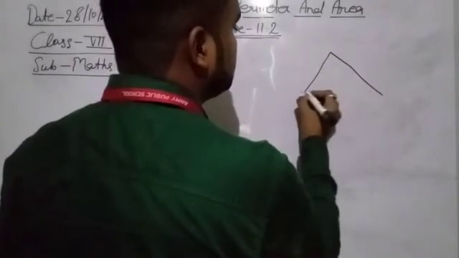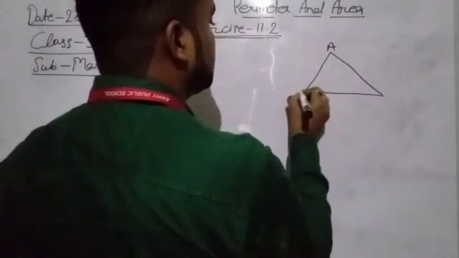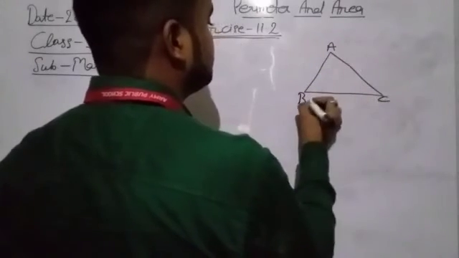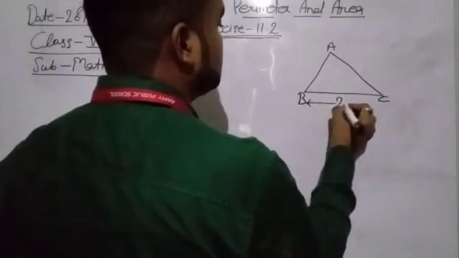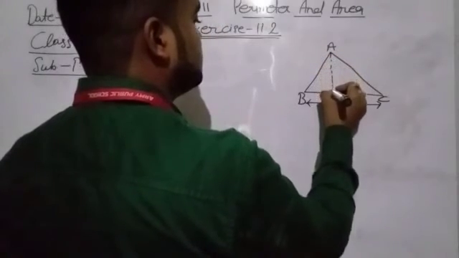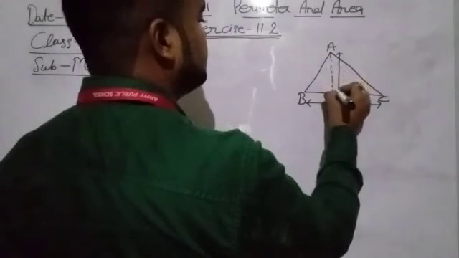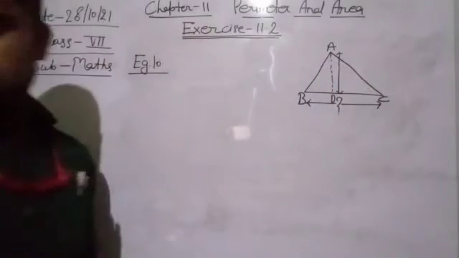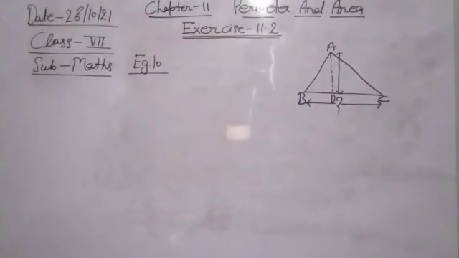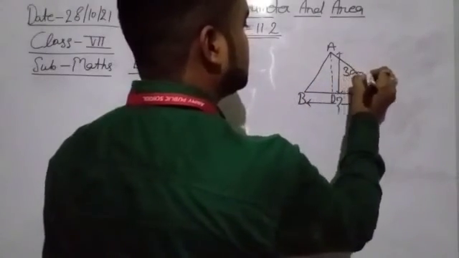In this question, in triangle ABC, we have to find this part and this side AD is given, that is of 3 centimeter.